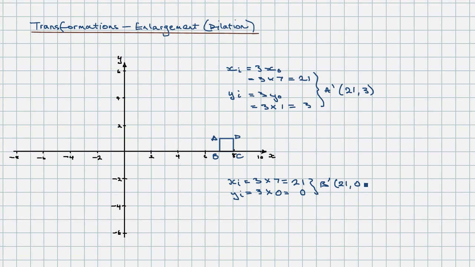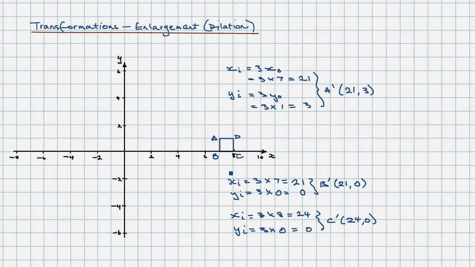Let's do C. So the x-coordinate of C is 8, so we've got 3 times 8, which is 24, and the y-coordinate, 3 times 0, so we've got 0, so C prime is 24, 0. So fairly quick, but also quite laborious way of calculating the new coordinates. We've just done A, B, C, because D should be pretty obvious after we've plotted those.